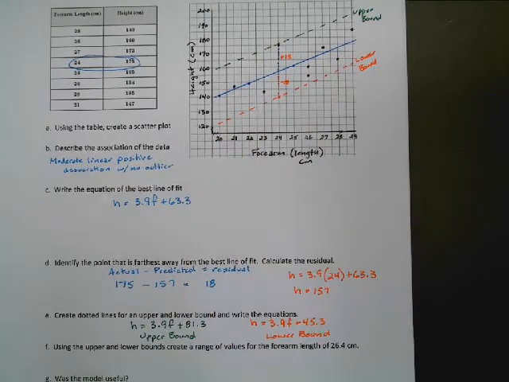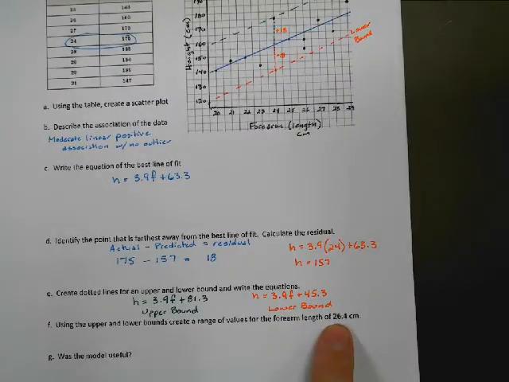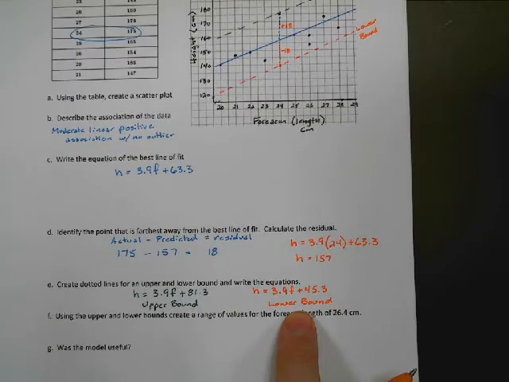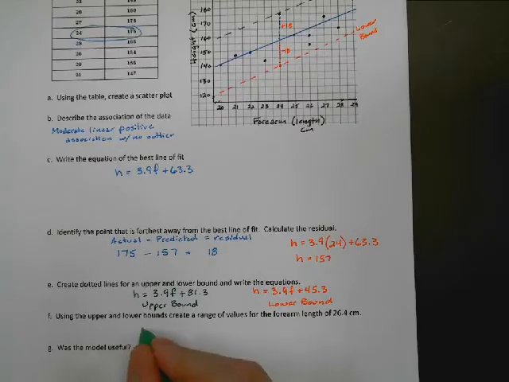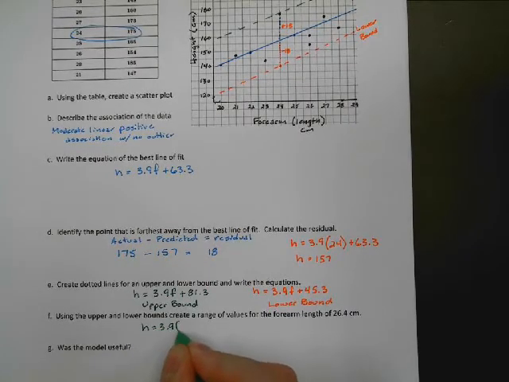So what we're going to do is, okay, what's the tallest this person could probably be? That's the upper bound. And what's the shortest this person could possibly be? We're going to plug in 26.4 into the forearm lengths there and see what we get. So the upper bound height would be 3.9 times the forearm, 26.4, plus 81.3.